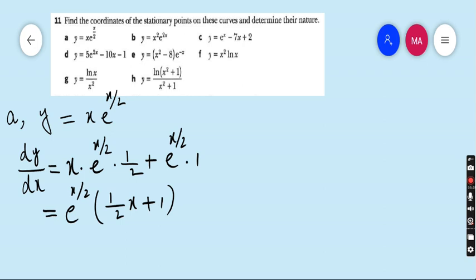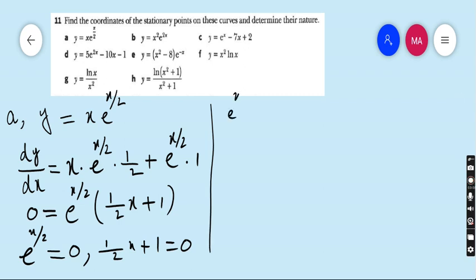The next step is replace dy by dx by 0. So e power x upon 2 is equal to 0 and 1 upon 2 x plus 1 is equal to 0.